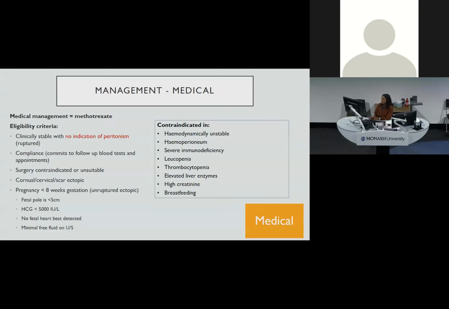These are the women that you can't give medical treatment to, so you need to move them on to surgical management. As mentioned, anyone who's unstable, anyone who has signs of rupture, goes straight to theatre.